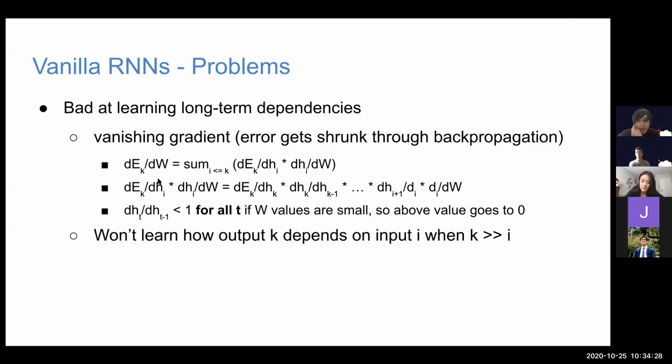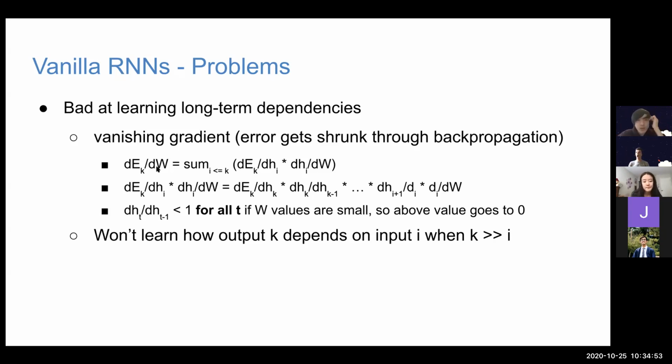But you can consider the error at time step k as dependent on every single previous hidden state vector, because the hidden state at time step k minus 1 produces the hidden state at time step k, and then the hidden state at time step k minus 2 produces the hidden state at time step k minus 1, which then produces time step k.